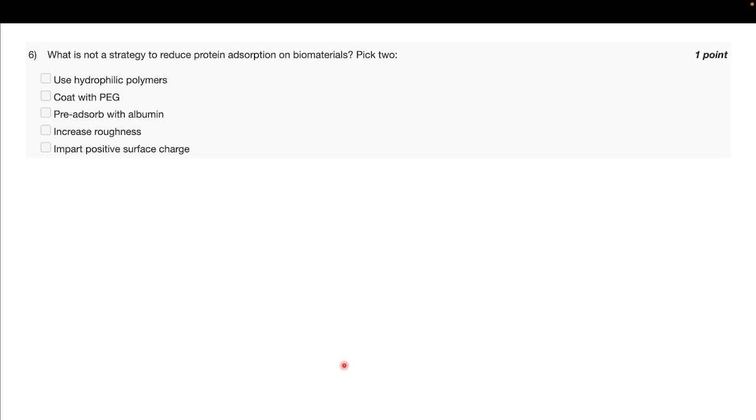Next is, what is not a strategy to reduce protein adsorption on biomaterials? Again, we have to choose two correct options. So please read the question carefully.